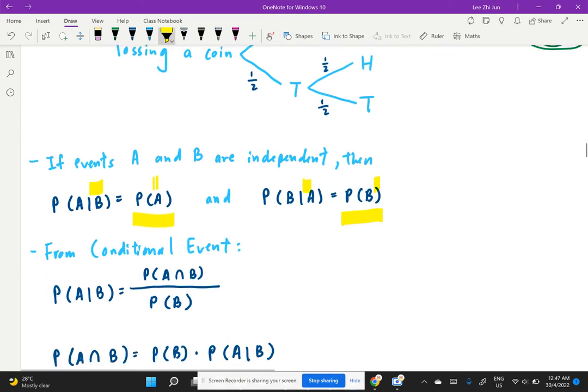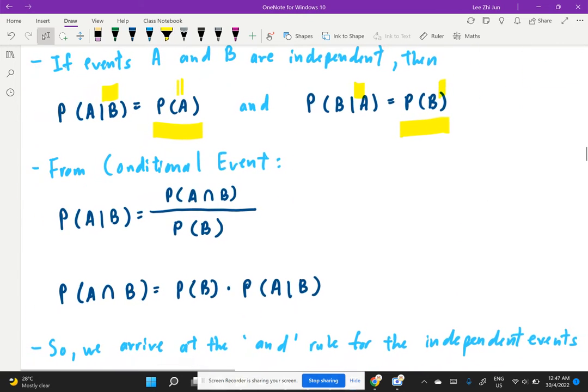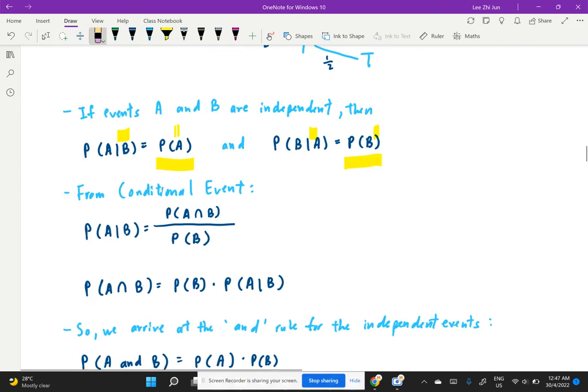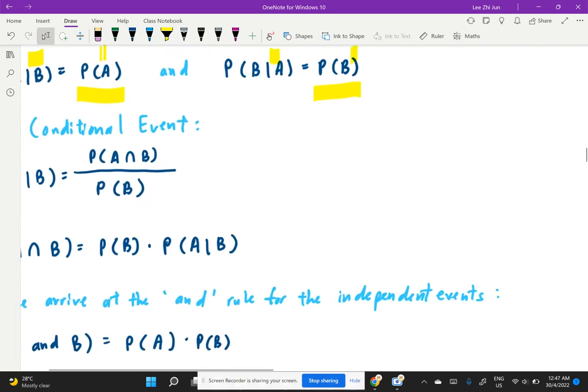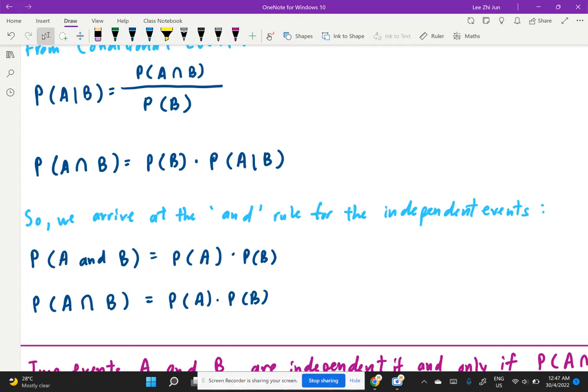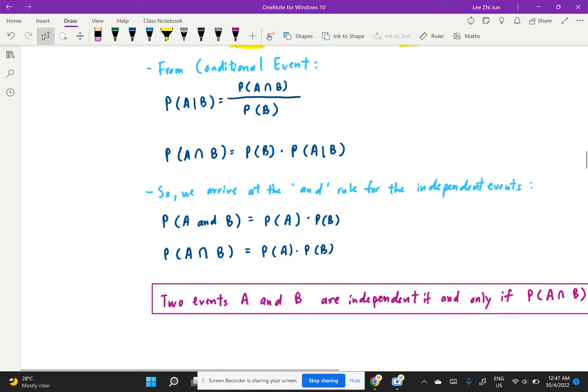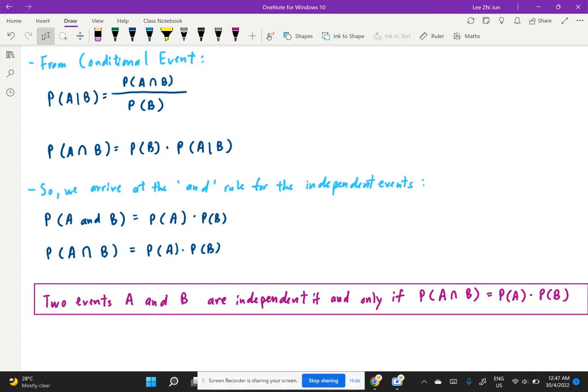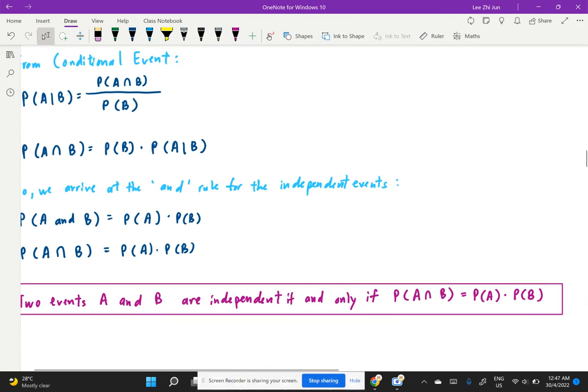So for the conditional event, you can write P(A∩B) equals P(B) times P(A|B). So we arrive at the rule of the independent events. So, conclusion, two events A and B are independent if and only if P(A∩B) is equal to P(A) times P(B).